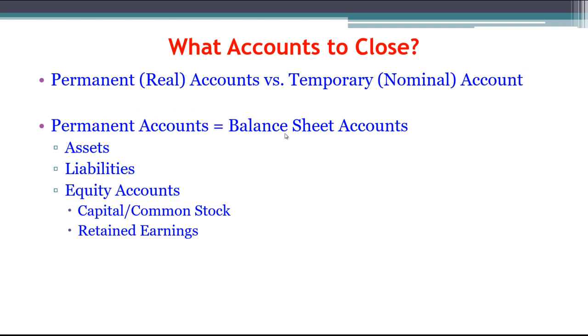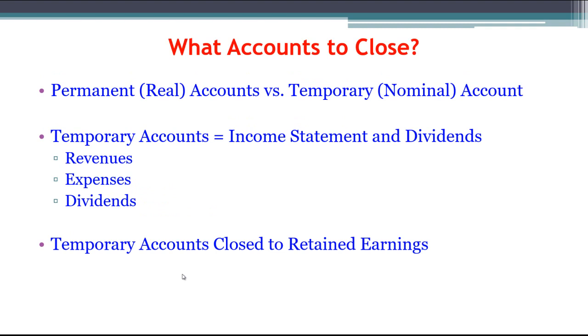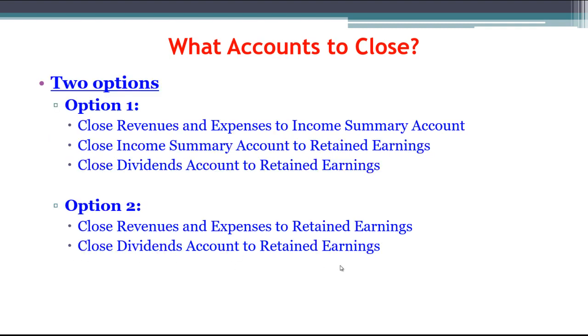So the permanent accounts include all of your balance sheet accounts like assets, liabilities, and your 2 core equity accounts, capital/common stock and retained earnings. Those keep a balance until the company goes out of business. The temporary accounts, which are income statement accounts and dividends, revenues, expenses, and then dividends, those are all closed out to retained earnings. That's the goal.